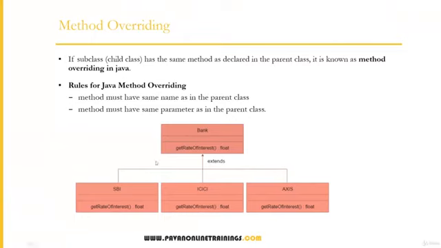So what I will do here is create one parent class called bank, which contains a rate of interest method. I'll create three different child classes of the same parent class. When I create child classes of the parent class, they also acquire everything from the parent class. Now SBI has acquired everything from the parent class, so it also contains get rate of interest. Here the body should be changed, because the bank class rate of interest will be different from the child class, as per this bank the rate of interest can differ.